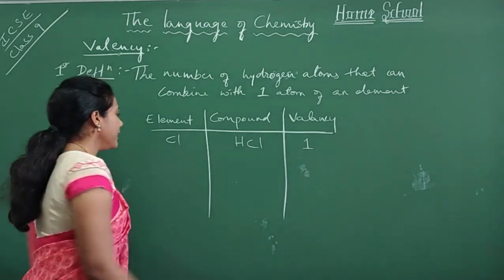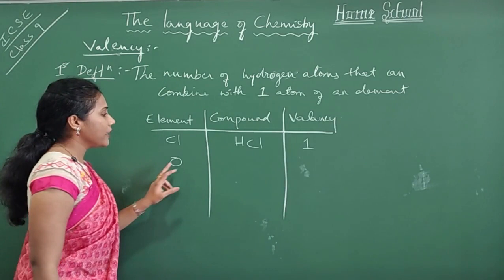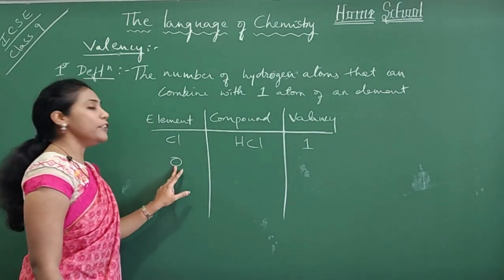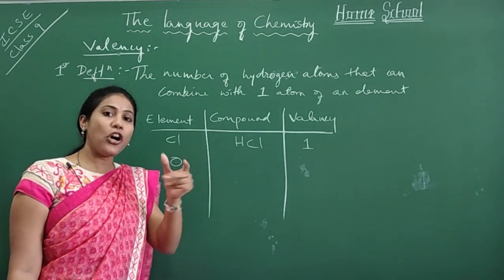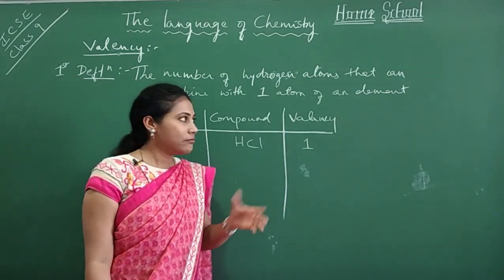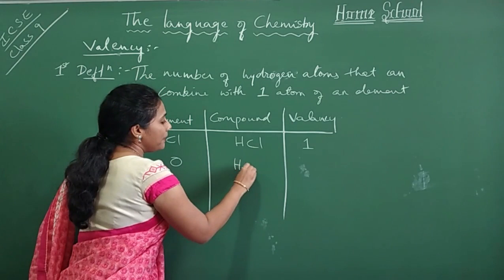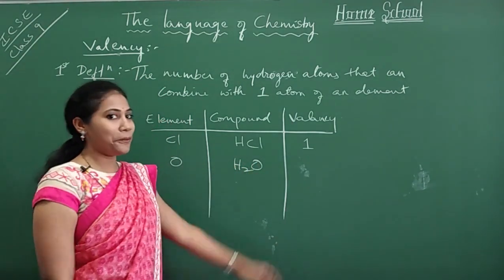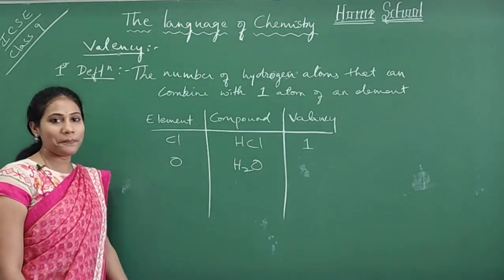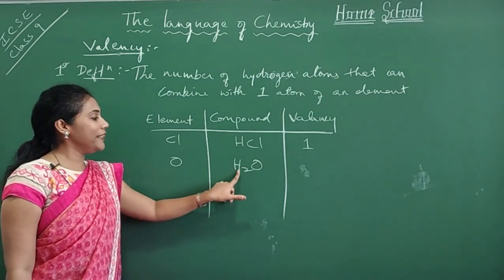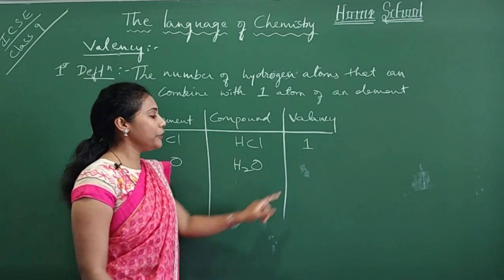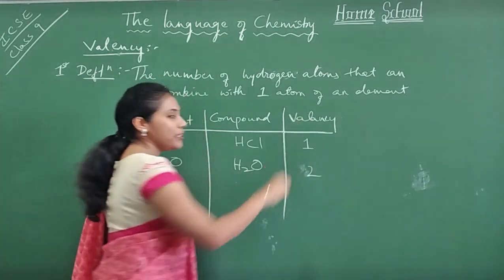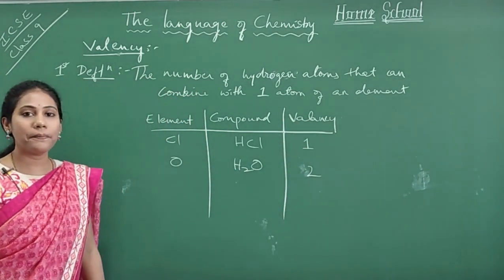Let me take another element, oxygen. Can you figure out a compound of oxygen which also has hydrogen? A very simple compound we use every day: water. Oxygen has combined with how many hydrogen atoms, guys? It is combined with 2, so the valency is 2 here.